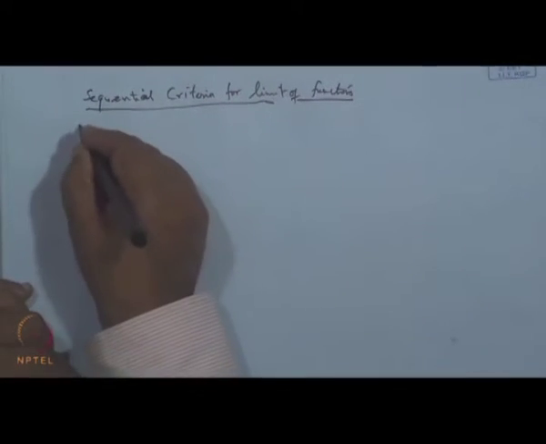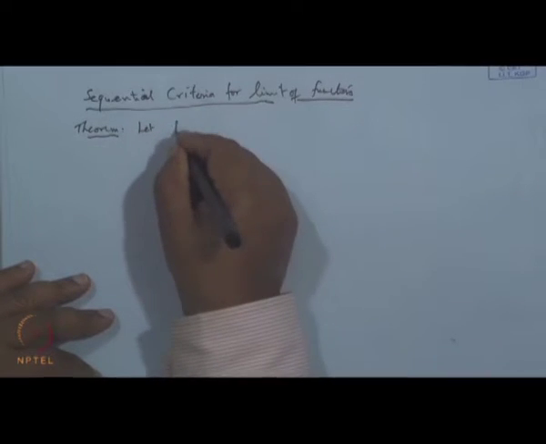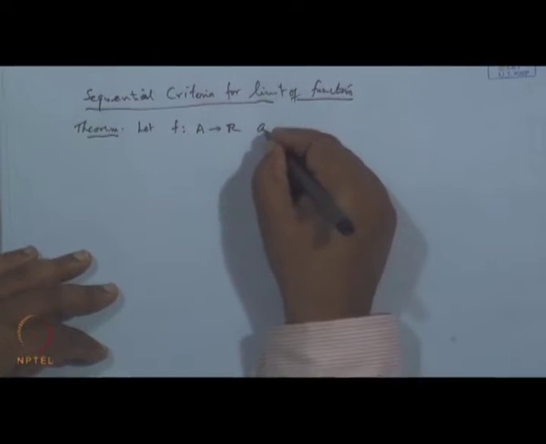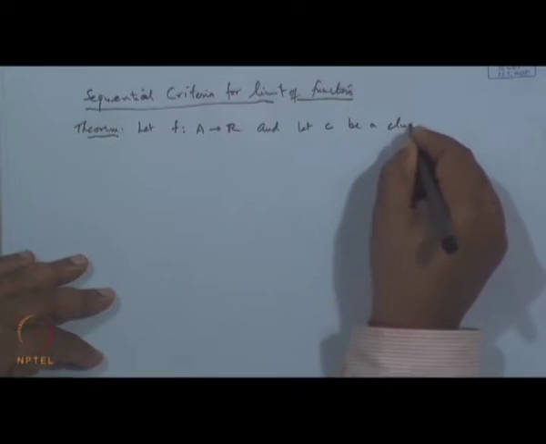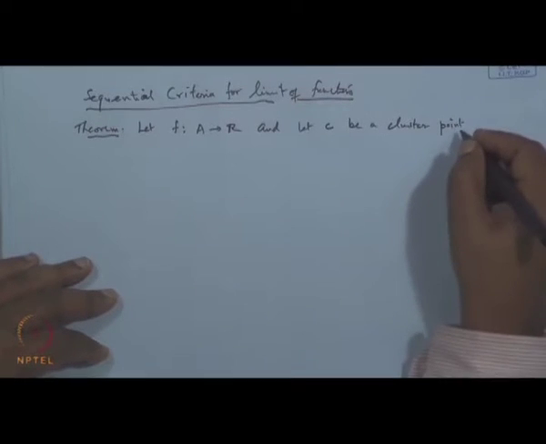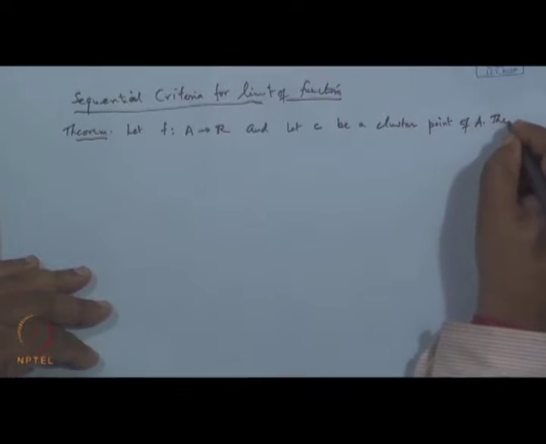This is in the form of a theorem. The theorem says, let f be a mapping from A to R, and let C be a cluster point of A, then the following are equivalent.